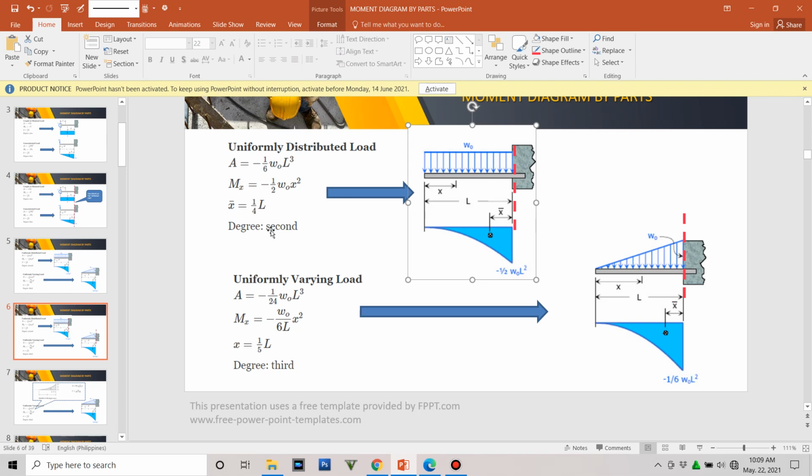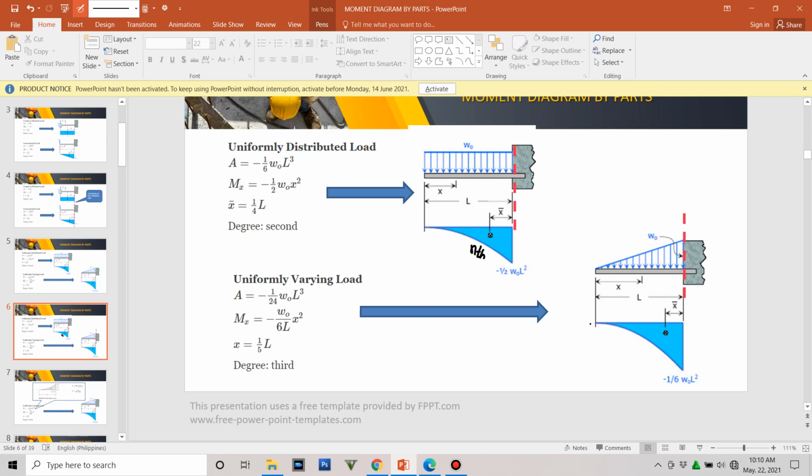Second degree. So, why do we need to know that nth degree? Okay? We really need to establish your n here. So, what is your nth degree? This time, this is second degree. For a varying load, what will it be? It becomes third degree.